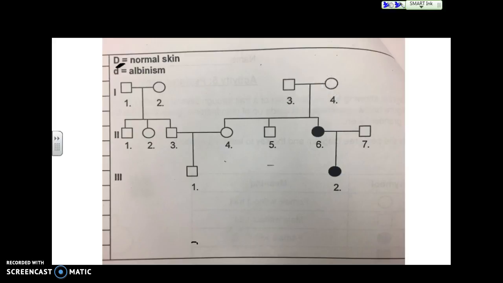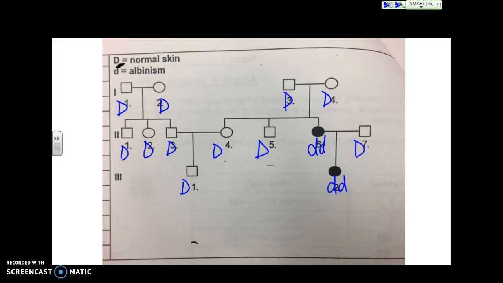So albinism, though, is the trait here. So little d, little d, little d, little d, and then we go through. What do we know everybody else is? So the first step is to label everybody we know is recessive. The second step is to label everybody else with at least one dominant allele. And then the third step is to look at everybody with that dominant allele.